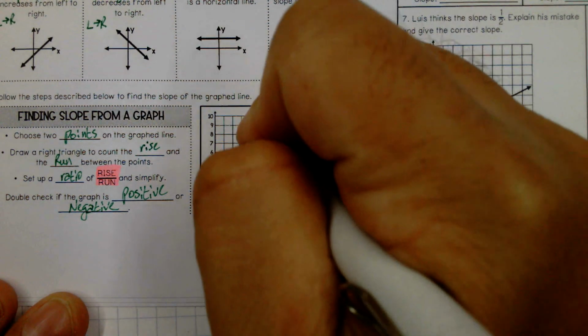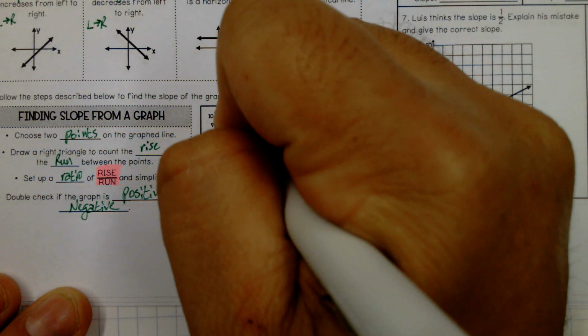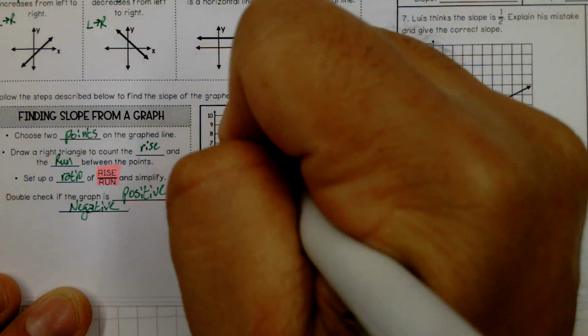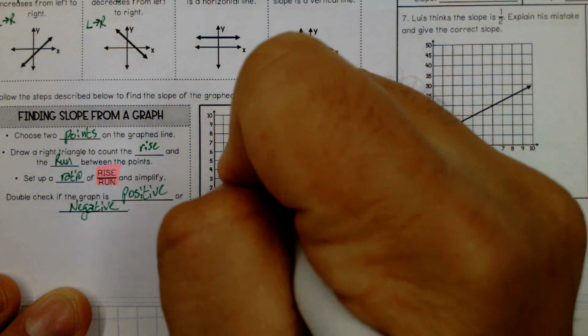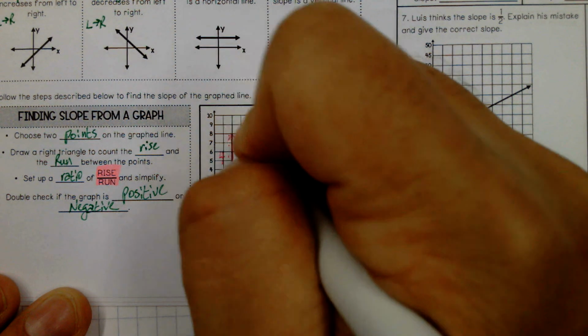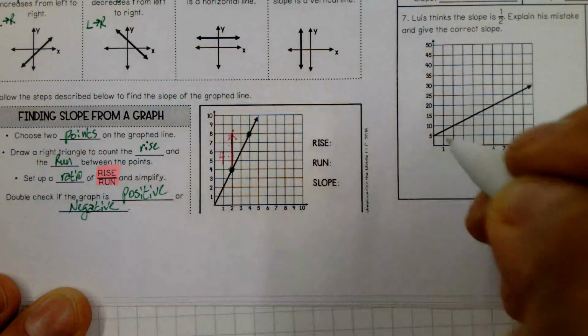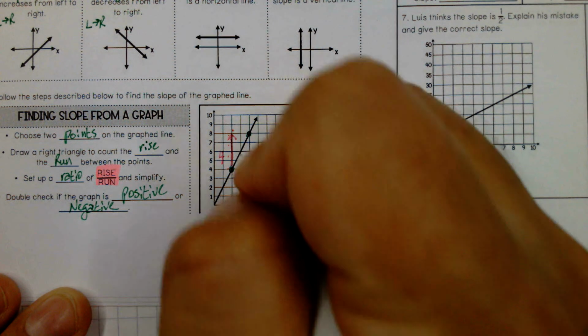I'm going to go from this point to that point, but I'm going to rise and then I'm going to run across. So the rise is this much. How much did I go up? How many spaces? 4. 1, 2, 3, 4. So the rise was 4. And then I want to figure out the run.